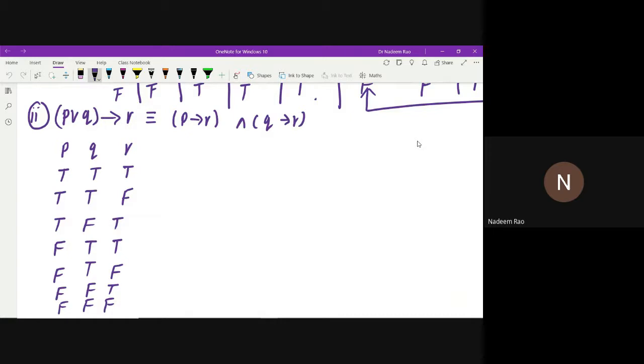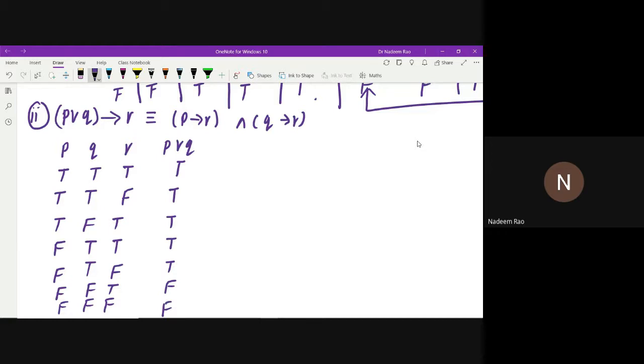Okay, it's good. If we talk about P or Q, if one of them is true, then it is true. So it is true, true, true, true, true, and then false, false.